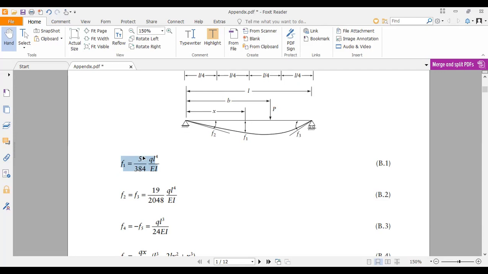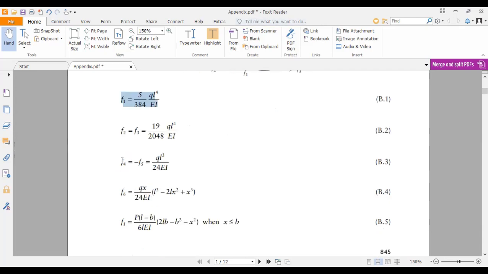So you'll be remaining with 5WL4 over 24 EI. And the F4 is WL to the power 3. So L means 2L. So it is 8L cubed. So 8 is getting cancelled with this 24. So that value is 8 over 24, meaning WL cubed over 3EI, right?